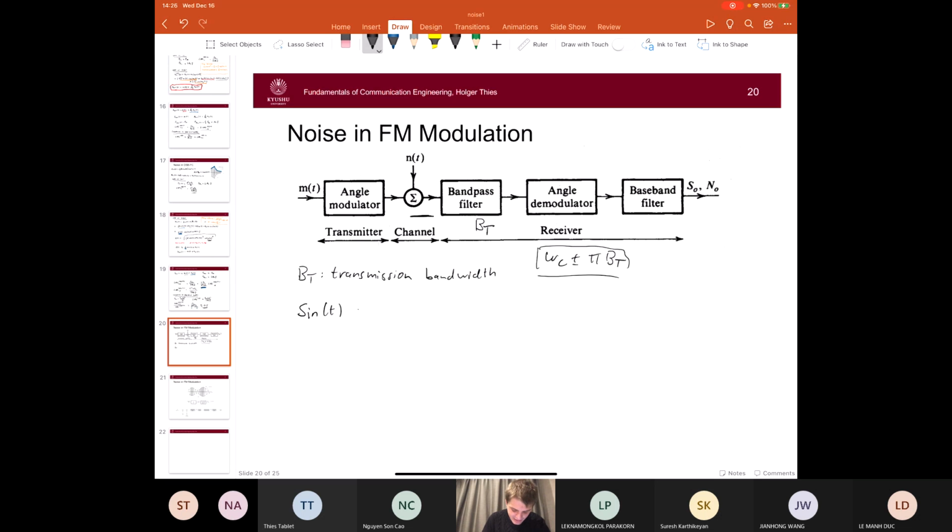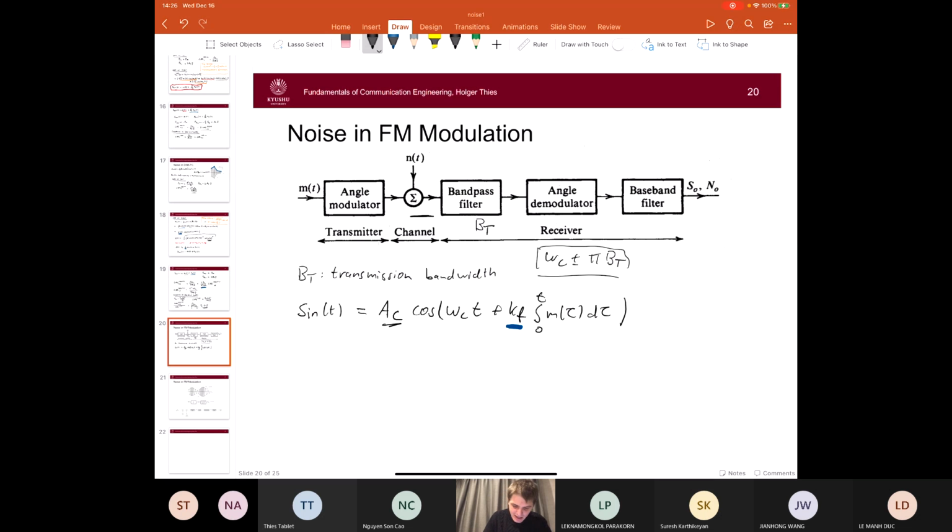So what was the signal that we sent in FM modulation? It was AC times cosine. AC is just a constant amplitude of the carrier, and then we modify the frequencies, and we have seen that we can write this as a phase with some modulation factor KF times the integral of the message signal up to time t.